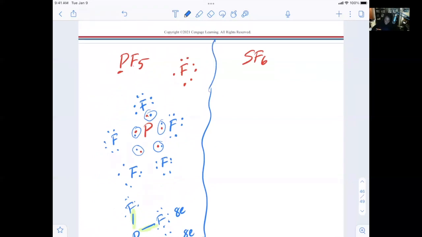Okay. What's happening over here? Back to the red. Sulfur, like before, 1, 2, 3, 4, 5, 6.